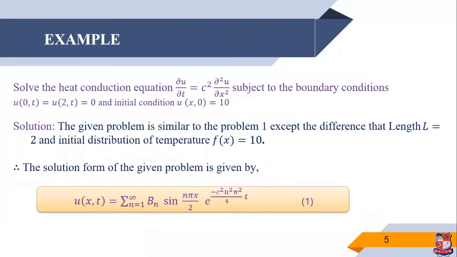So in this lecture, we discuss an example of the one dimension heat equation, based on problem 1. That means we discuss an example of heat conduction in a bar whose both ends are held at 0 temperature.